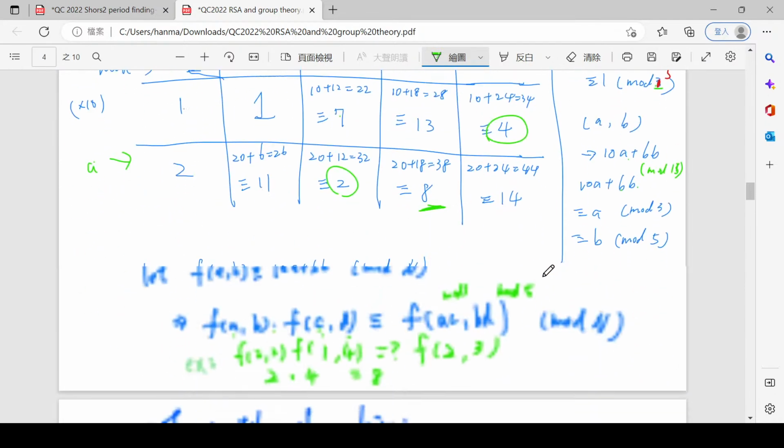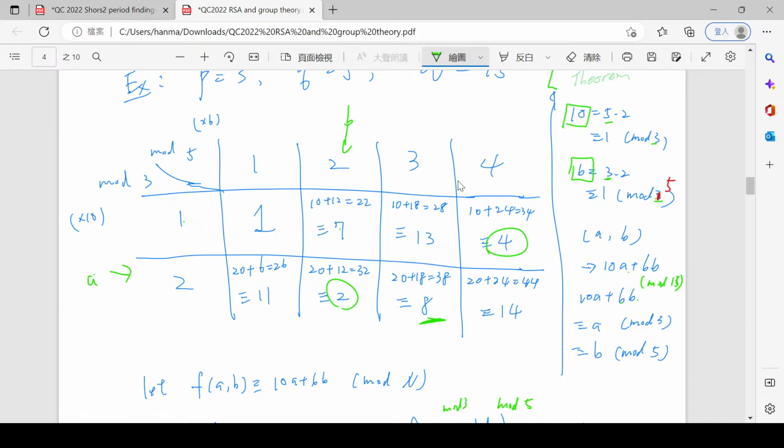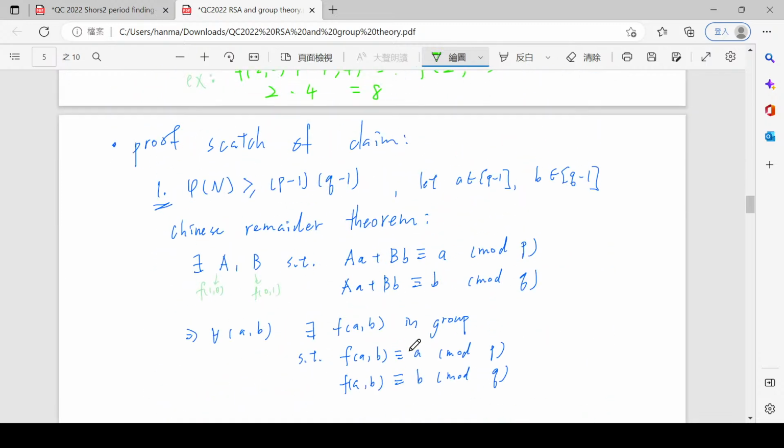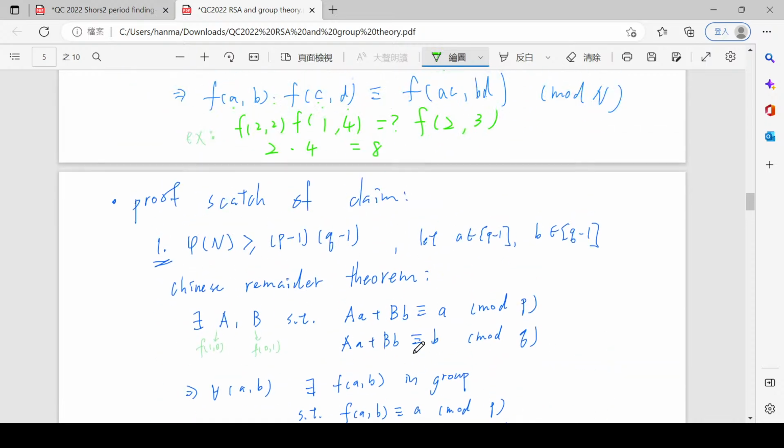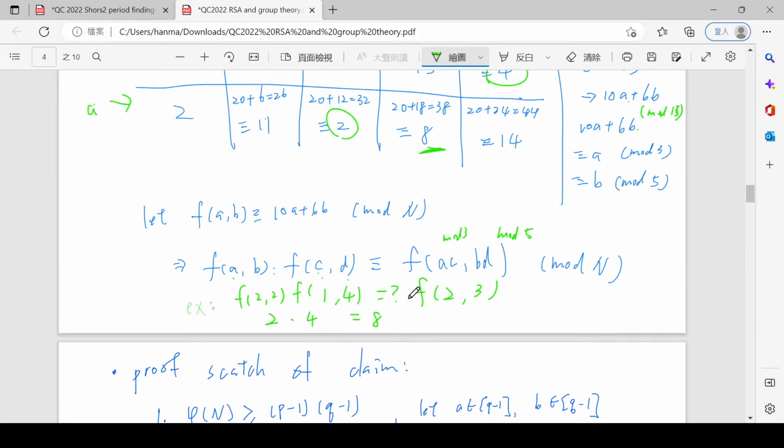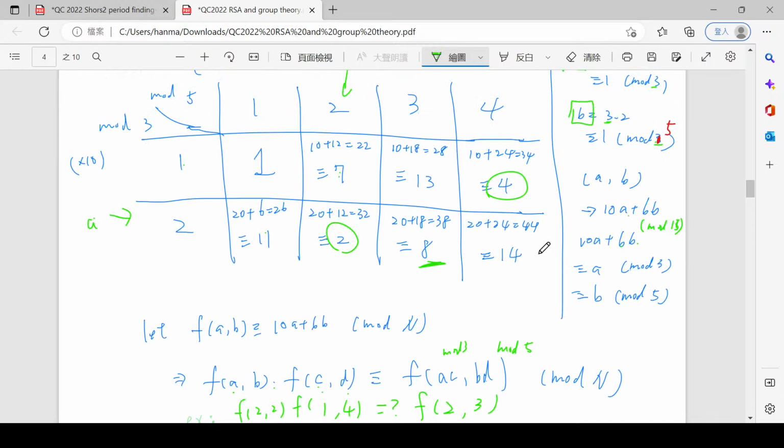The first part is done by saying that wherever you have PQ, you can write out this table, and you can always fill this table with numbers.